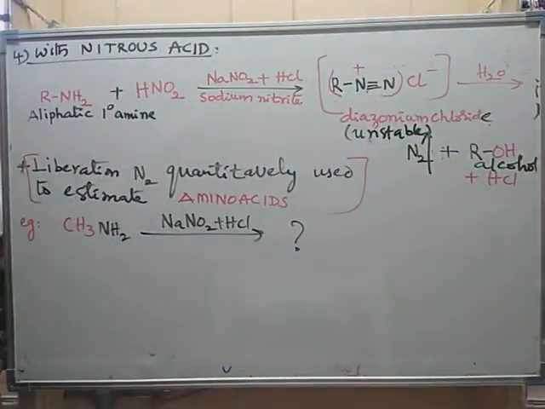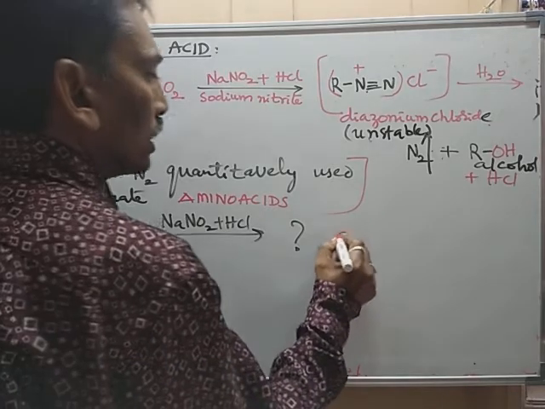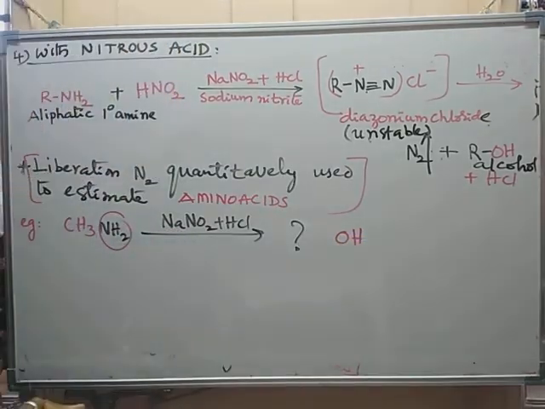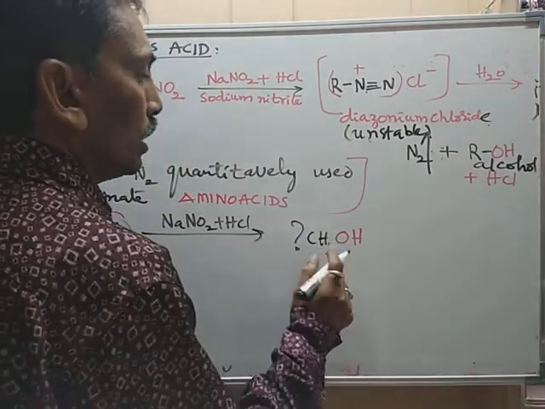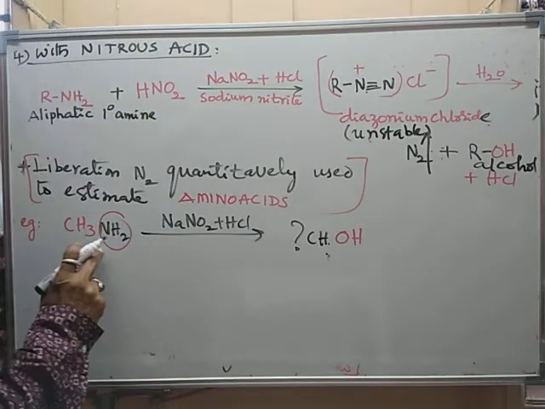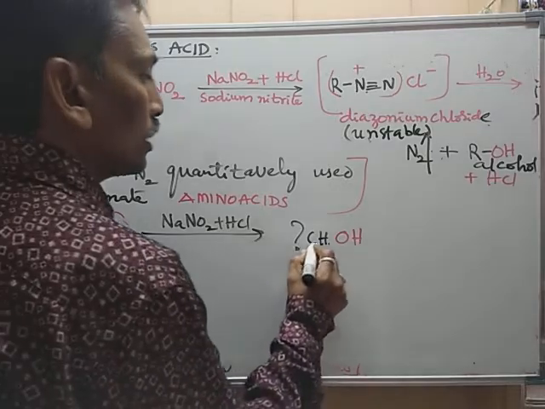Jump directly to the product and decide the answer in an easy way. So that is very simple. This NH2 group is converted to OH, and this is CH3. In this way, sorry, it is not methyl alcohol, it should be ethyl alcohol. I am sorry, C2H5, and it is C2H5.